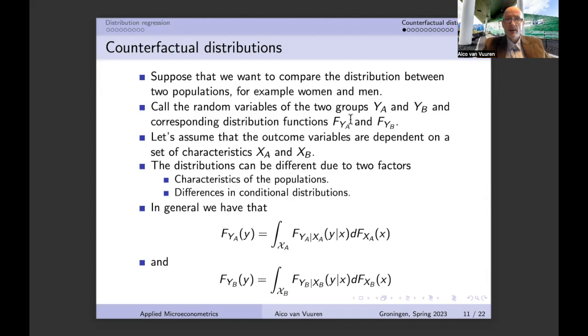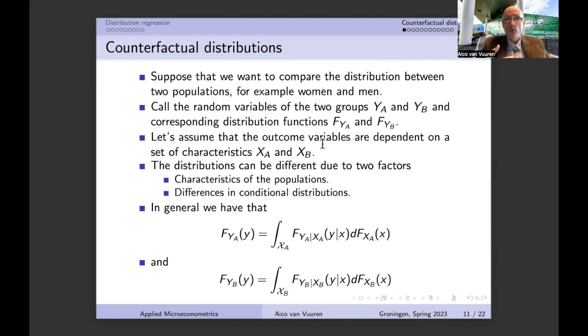So therefore it's not so strange to see a difference in terms of the distributions. This was maybe not such a great example because in the United States, but also in many European countries, these days especially working women are actually higher educated than working men. So therefore, if anything, the characteristics of the women in terms of education are better. So therefore, actually men should make less than women, or the other way around.